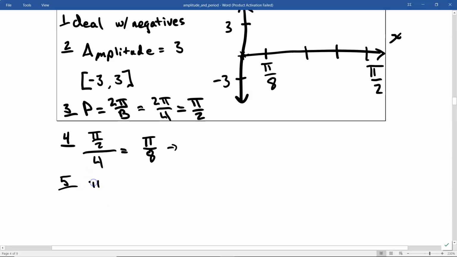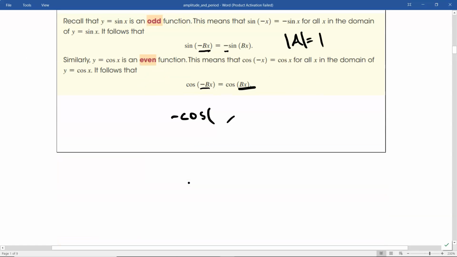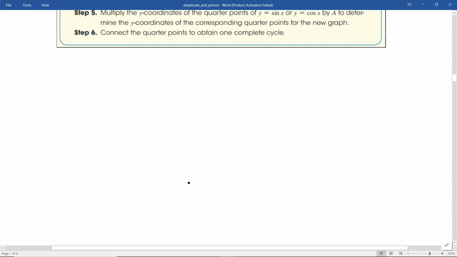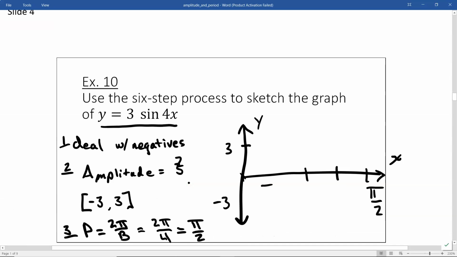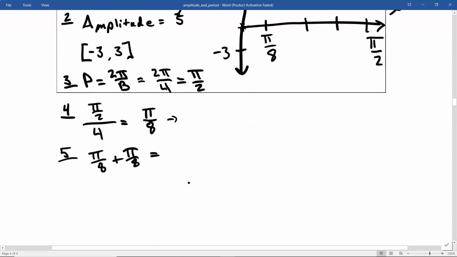We do pi over 8 plus pi over 8, which is equal to 2 pi over 8. So we get 2 pi over 8, which is equal to pi over 4, which will go right here.